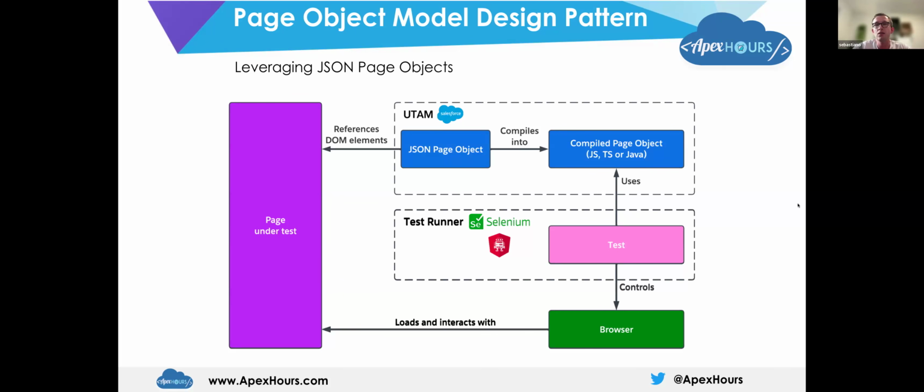These are then compiled into the programming language of your choice, depending on how you write your test automation. As mentioned earlier, it is compatible with Java as well as JavaScript. That way, if you write your tests without targeting identifiers that are subject to change, but instead point to these JSON page objects and keep the aforementioned library up to date, your tests ideally should remain stable.